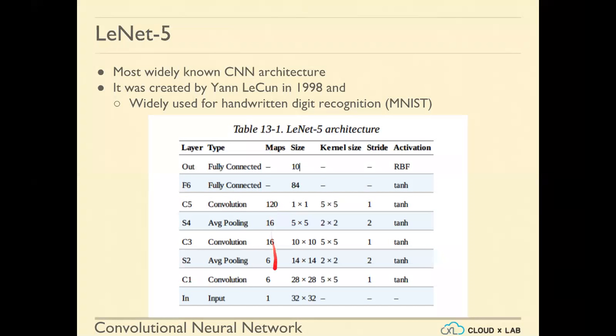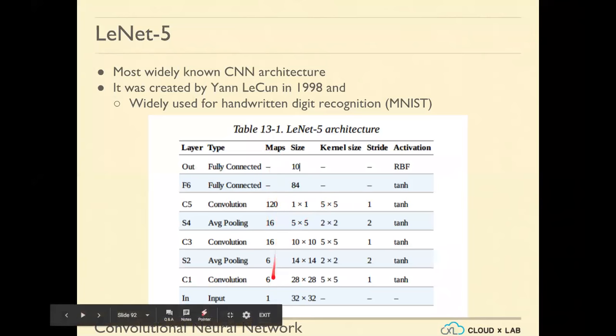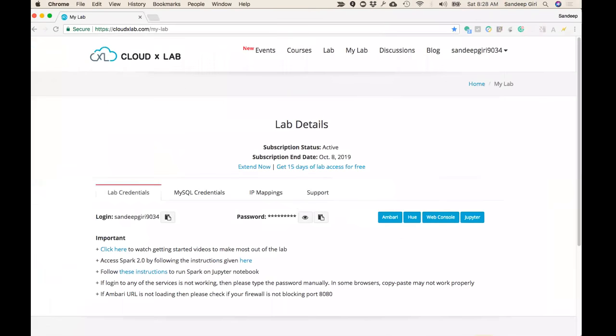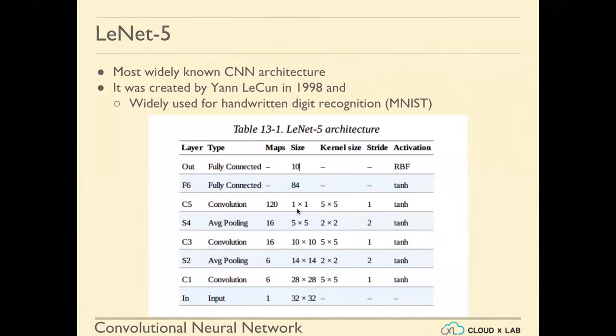This map is essentially how many kernels we want to use in every dimension. It is up to us. If we want to apply 120, then we will get 120. Now, the next question is, how can a kernel size of 5 by 5 lead to 1 by 1? Yes, of course it can. Imagine this.